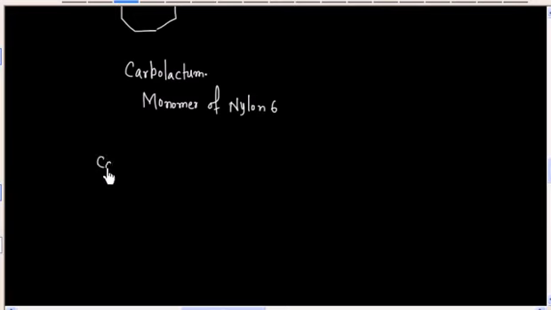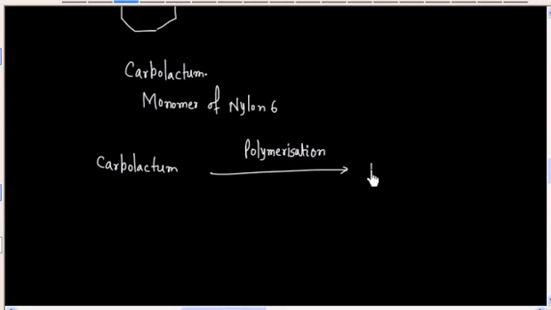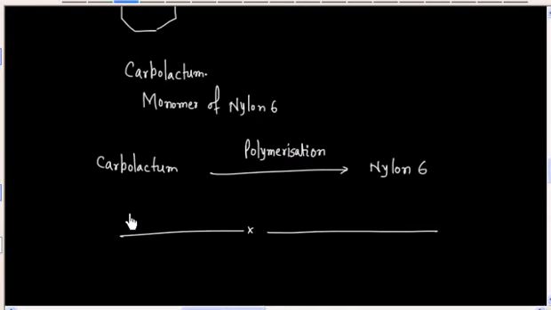So if caprolactam gets polymerized, it forms nylon 6. So this is Beckmann rearrangement in cyclic system.